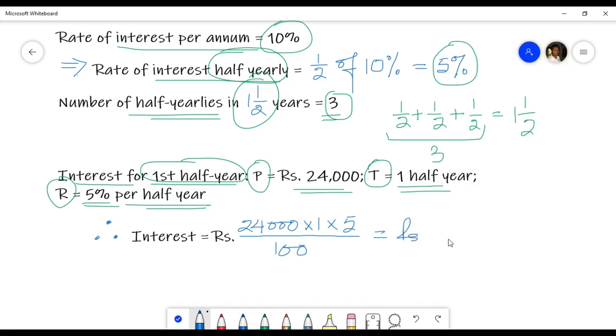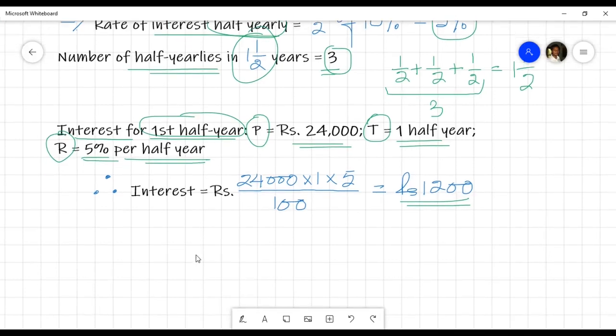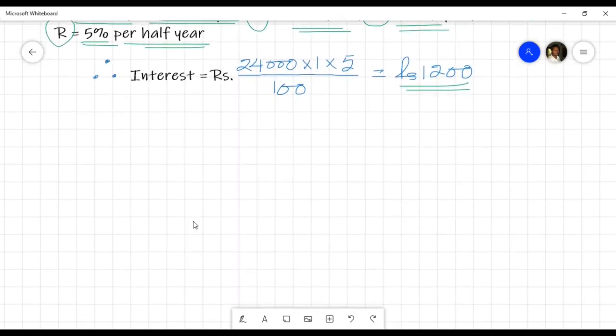When you calculate it further, you should get the answer as rupees 1200. So this is the interest for the first half year. I hope you have got it till here. Let's see the next step.